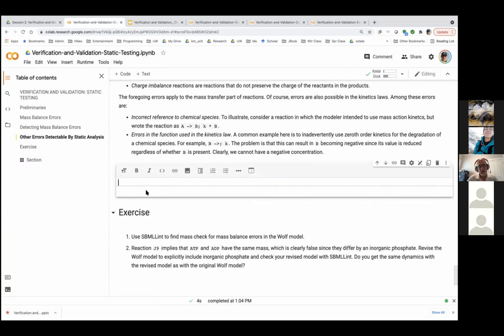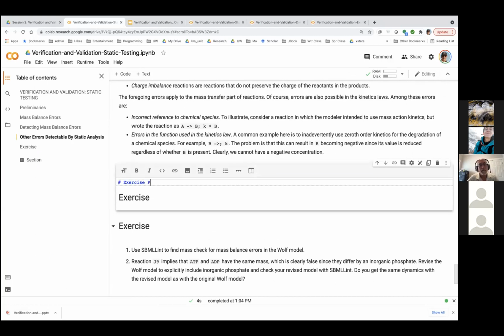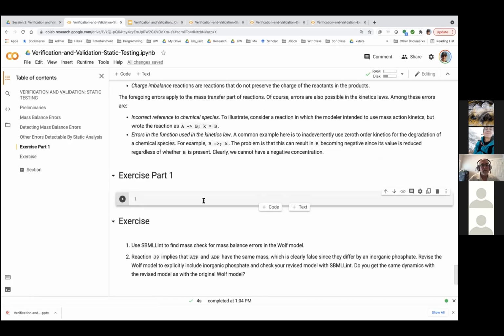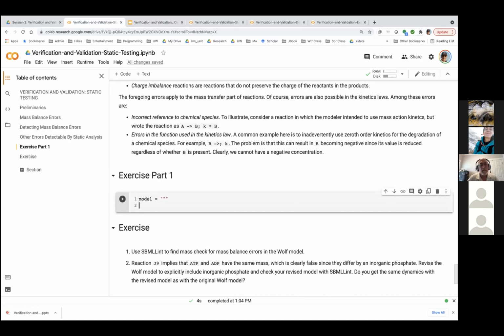We'll call this exercise part 1. And then code, and we'll call this a model. So here's going to be me doing it with a string.